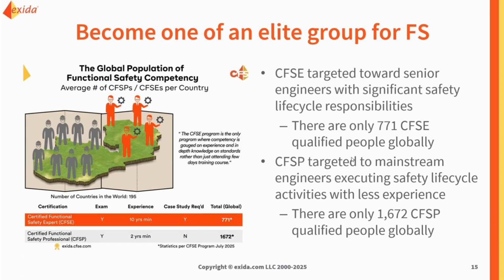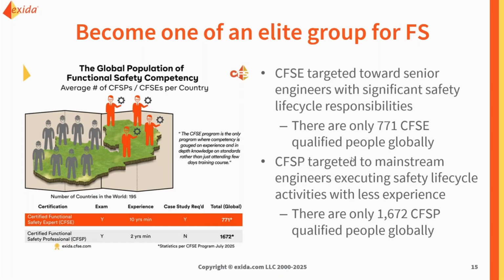It also means you could become one of an elite group for functional safety, because believe it or not, if you look at the number of CFSEs worldwide, there are only 771 CFSE qualified people globally. So if you think of the size of the process safety industry and functional safety itself, that's not a very large number of people.